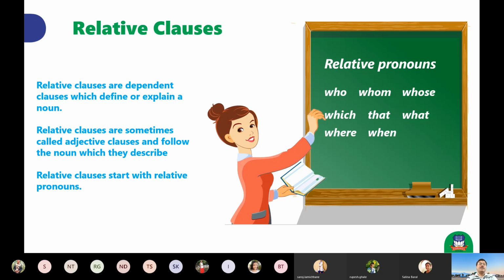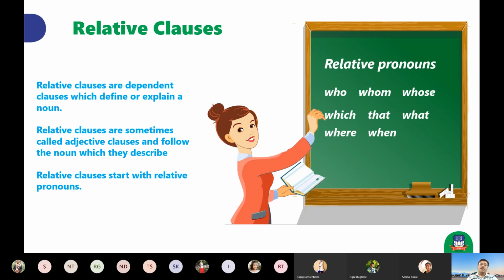So relative clauses are dependent clauses which define or explain a noun. Okay. So relative clauses are sometimes called adjective clauses. They define the noun, they explain the noun, they add extra meaning to the noun. That's why they can be taken as adjective clauses also.